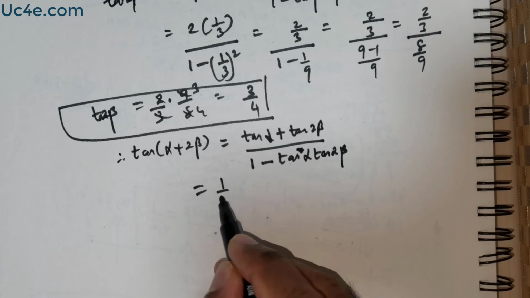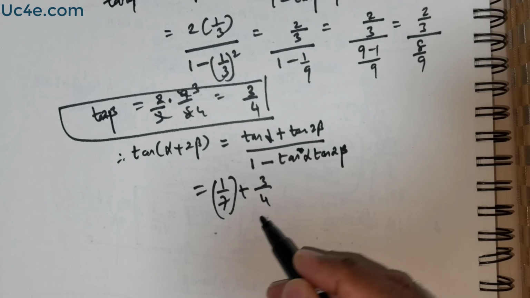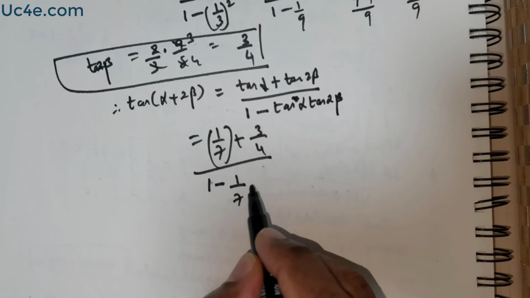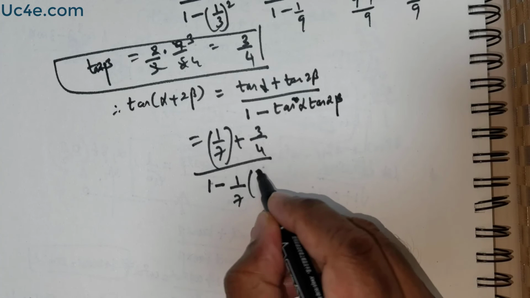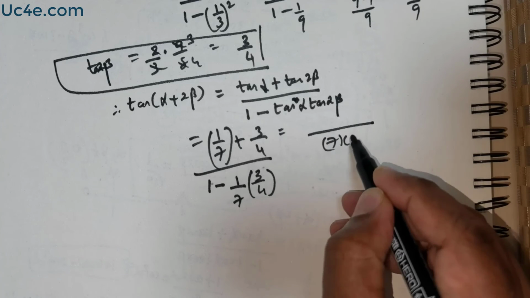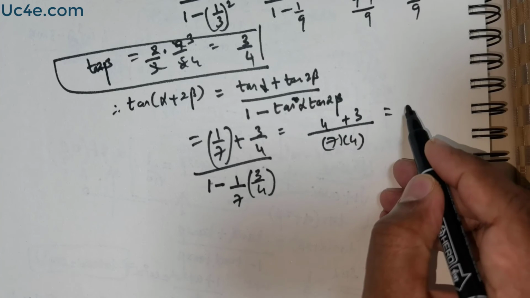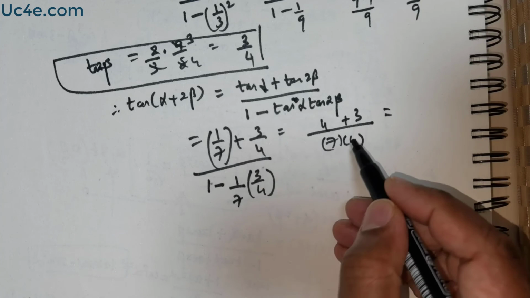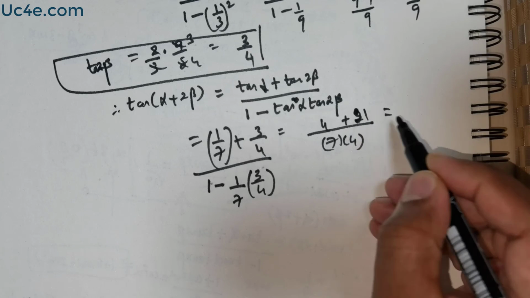So tan alpha is 1 over 7 and tan 2 beta is 3 over 4, divided by 1 minus tan alpha, which is 1 over 7, multiplied with tan 2 beta, which is 3 over 4. So if I were to take the LCM of 7 and 4, this will give me 4 plus 21, right?